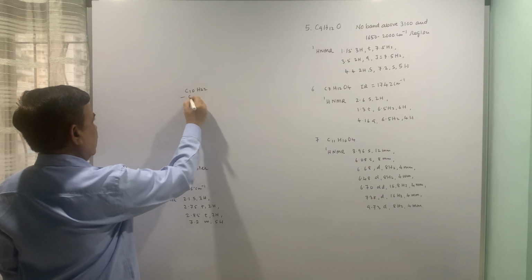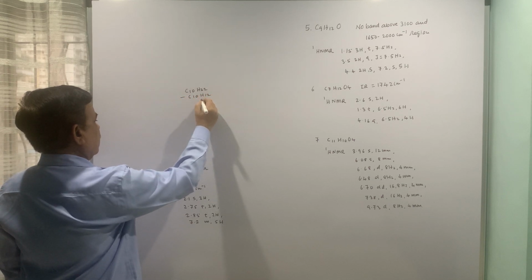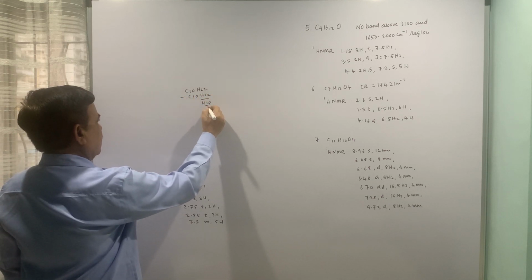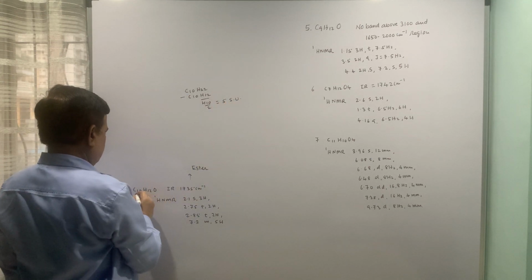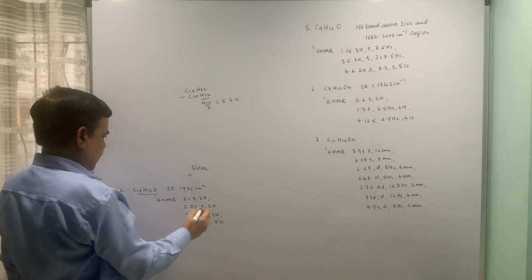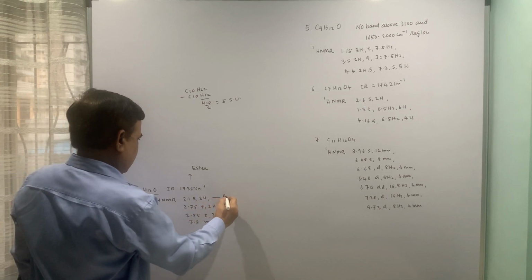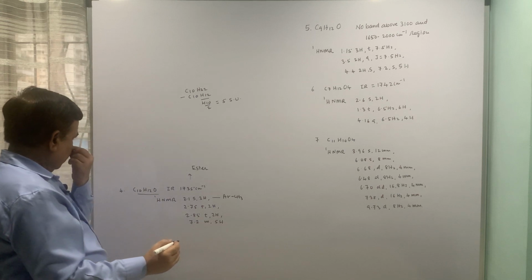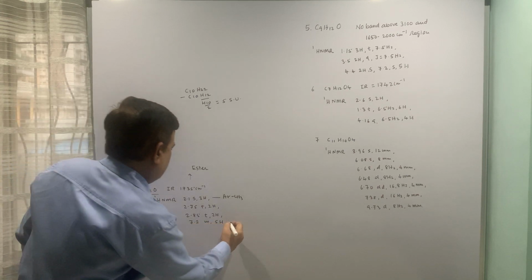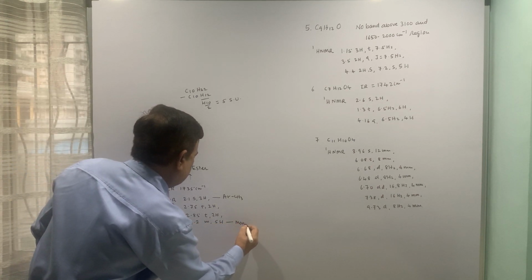C10H22 minus C10H12, 10 hydrogens are missing, so 5 degrees of unsaturation for this molecule. As we have explained earlier, this is probably ArCH3. This is a monosubstituted ring.